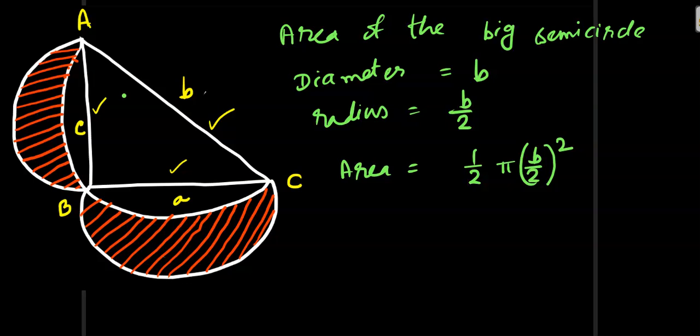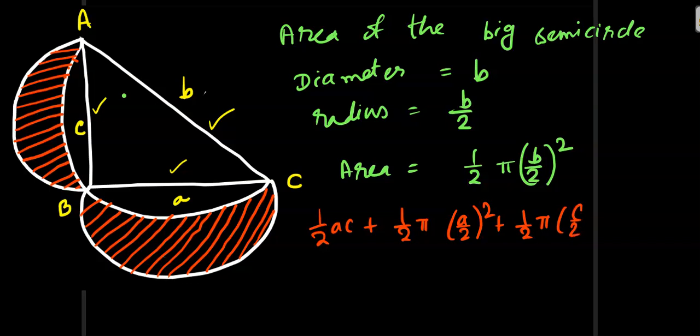So the area of the whole figure was half AC plus half pi (A by 2) whole square plus half pi (C by 2) whole square, and we have to subtract the area of the big semicircle, that is half pi (B by 2) whole square. So let's do this.